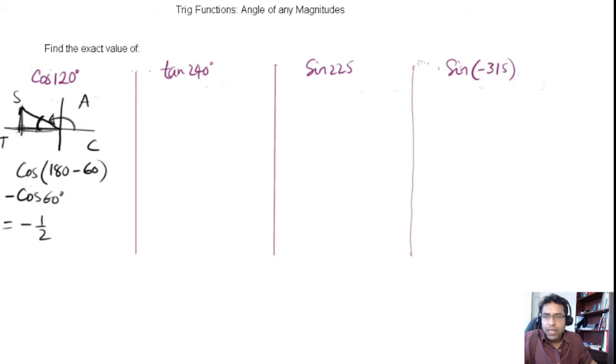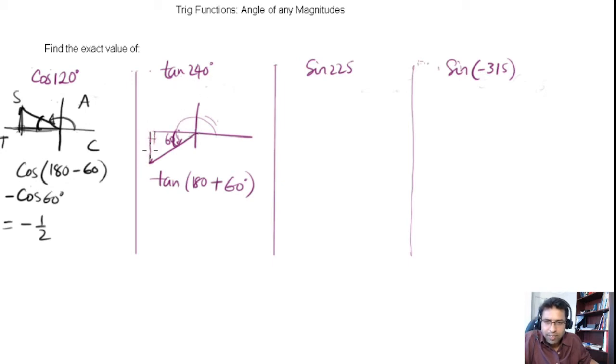Now let me use tan 240. Again I can draw where 240 is sitting: 180, and then more than 180, so this one is 240. So I can write it as tan of 180 plus 60. This part is 60 degree, and 180 plus 60 is basically 240, so this is the 240 position.